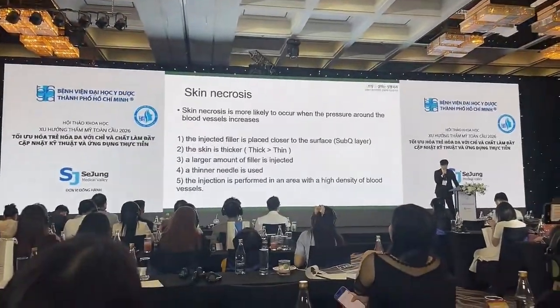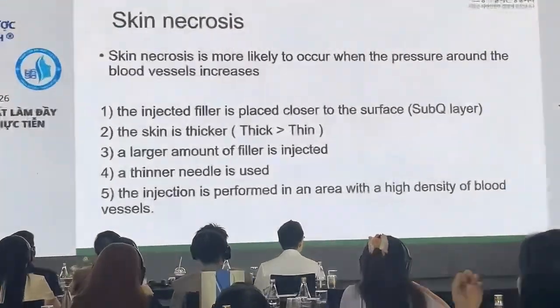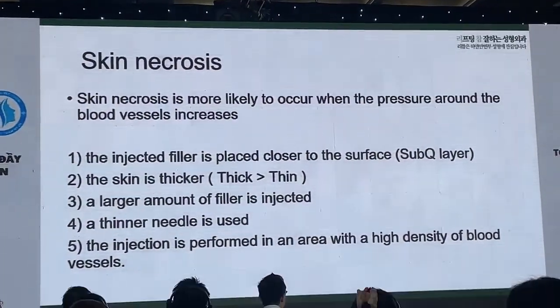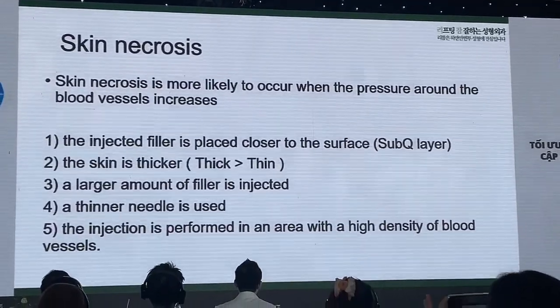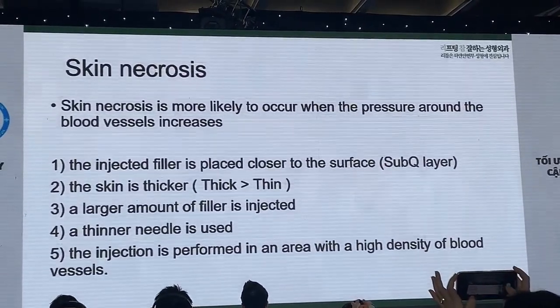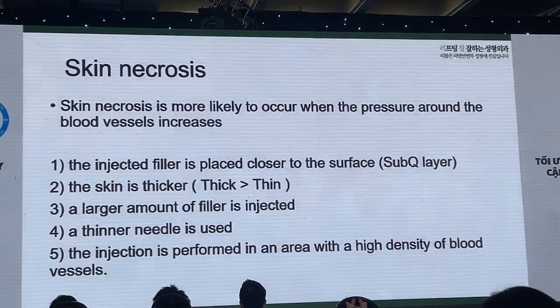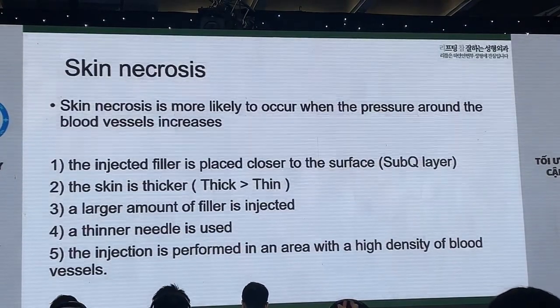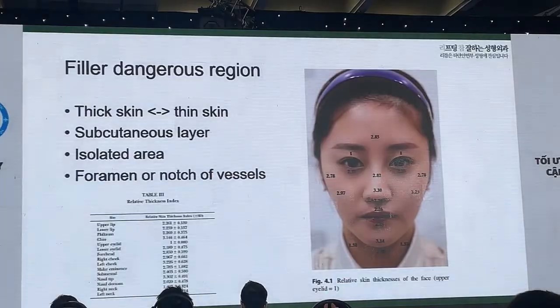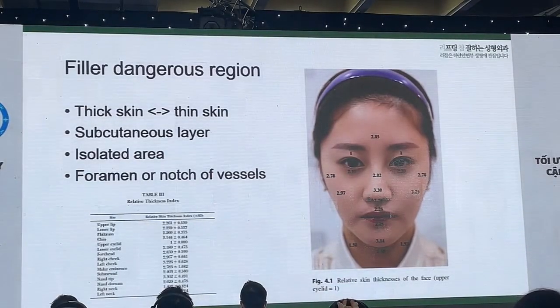Thicker skin, larger filler volume, use of smaller diameter needles, and injection in higher vascular areas. These conditions all raise intradermal pressure and the chance of vascular compromise. Now, let's look at filler danger zones.